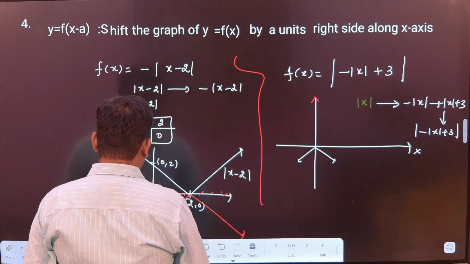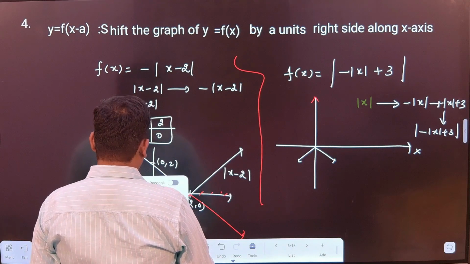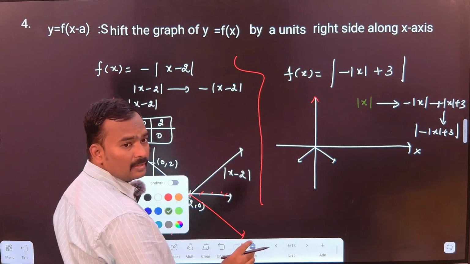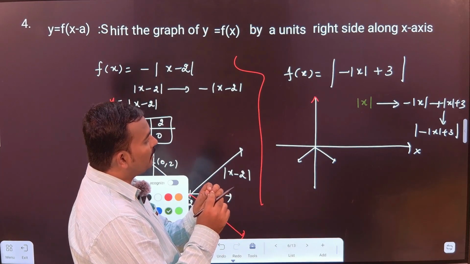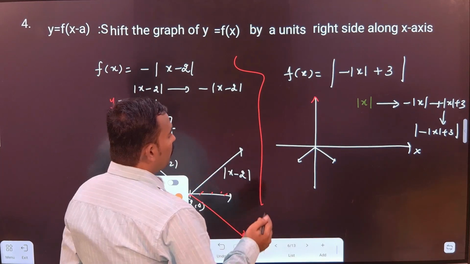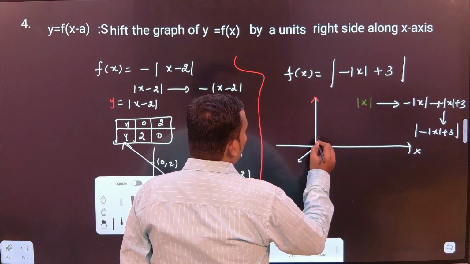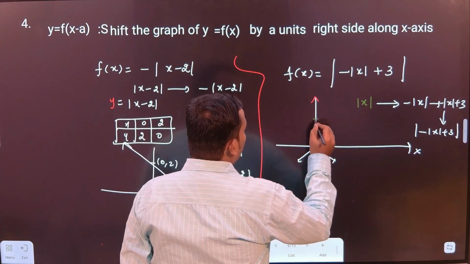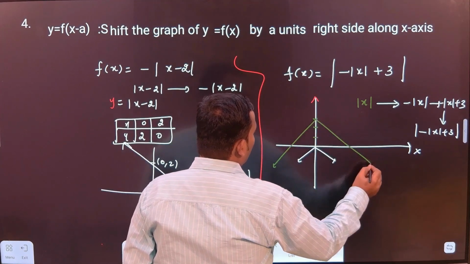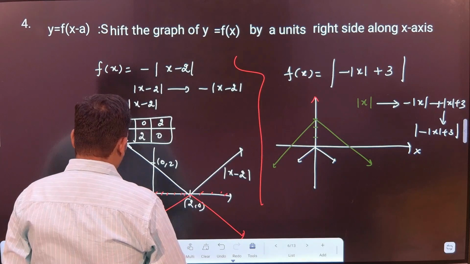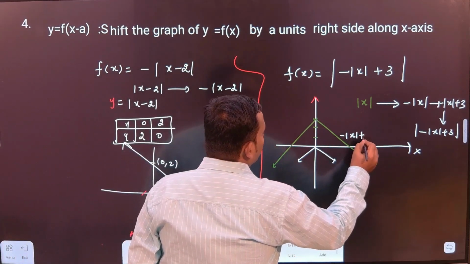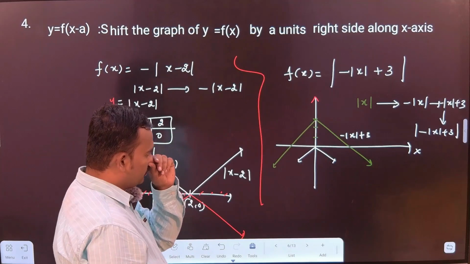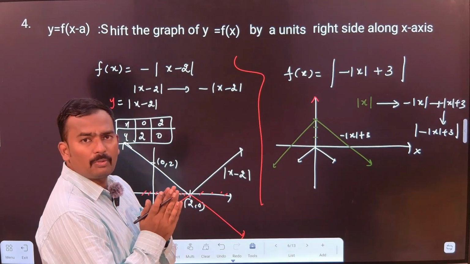So minus mod x we have drawn. The next step is minus mod x plus 3. Just shift 3 units up: 1, 2, 3. This is the graph of minus mod x plus 3. I hope everyone understands, right?